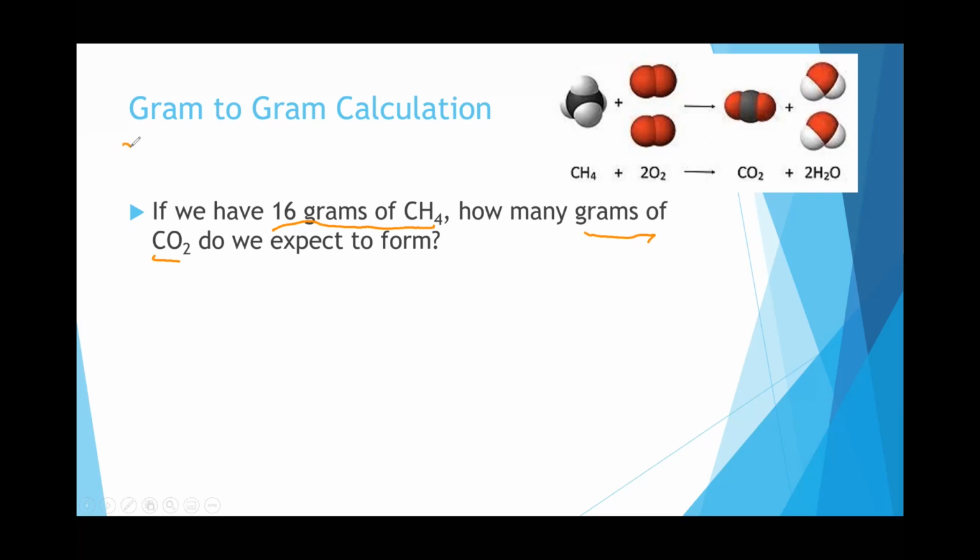So if you remember, we do grams of CH4, and we convert that to moles of CH4. And our secret way of converting is molar mass. And then we convert moles of CH4 to moles of CO2. And that's the balanced reaction.